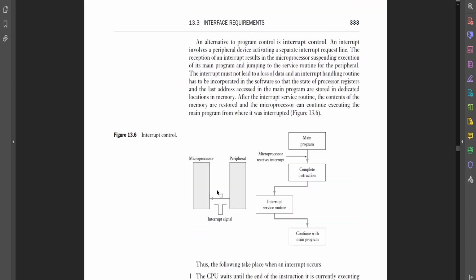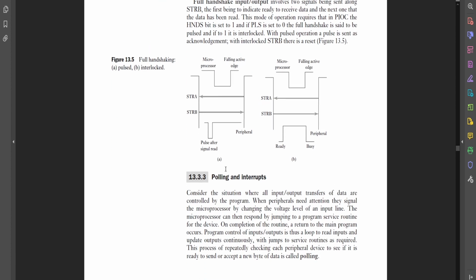So, polling and interrupts. Consider a situation where all input-output transfers of data are controlled by the program. When peripherals need attention, they signal the microprocessor by changing the voltage level of an input line. The microprocessor can then respond by jumping to a program service routine for the device. On completion of the routine, a return to the main program occurs.